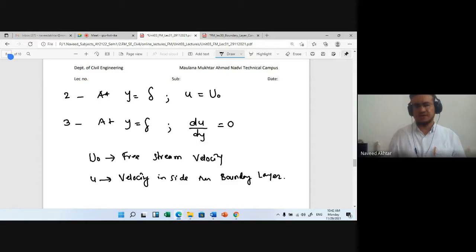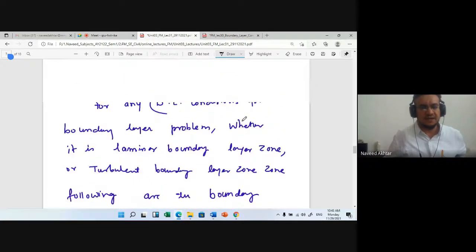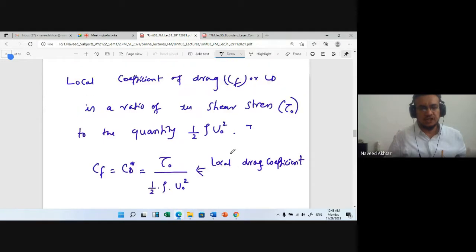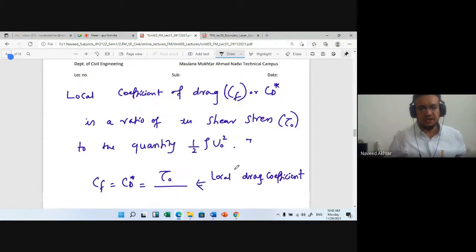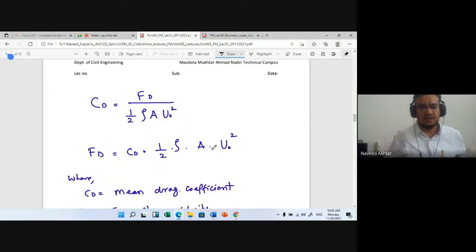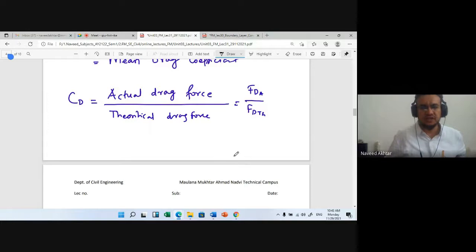Now you can understand what the drag coefficient is. Drag force at a distance of L, from the figure you can understand, to make a velocity profile the von Karman momentum integral equation may be used, and there are two drag coefficients you can study: local and mean drag coefficient. We have written that the local drag coefficient is the ratio of shear stress to the quantity half into rho into u square, and the drag coefficient CD is the ratio of actual drag force to the theoretical drag force.